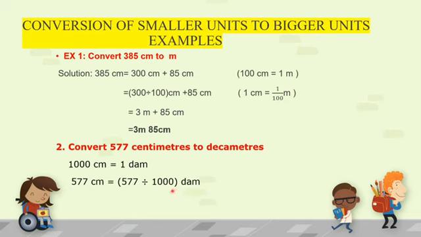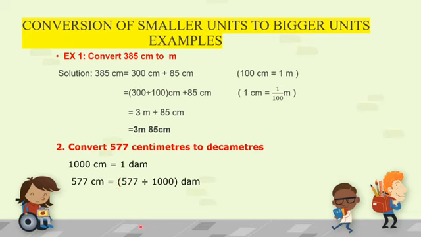What you have to do is just count the number of zeros. 1, 2, 3. And so count that many places in the number given in centimeters. 1, 2, 3, and then you will put a dot. This is how you convert the number into decimal.